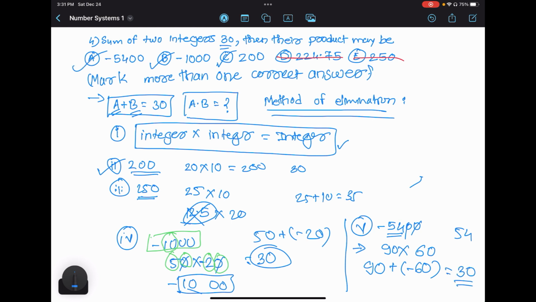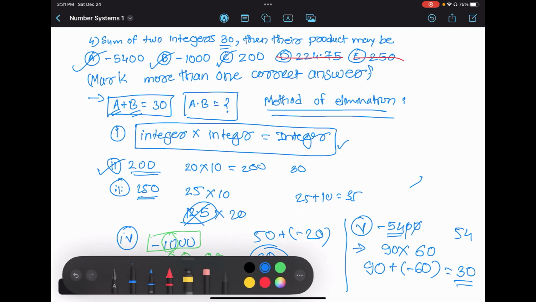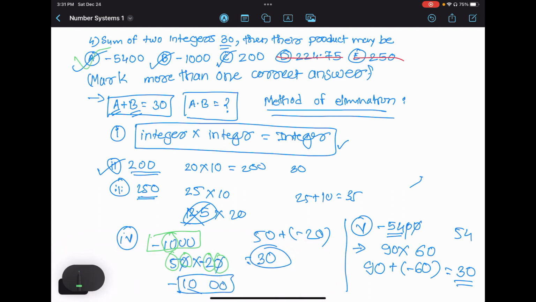So 5400 is again one of the answers. It will take more than 1 minute to solve questions like this, but this is the easiest approach to perform this calculation, and it's always recommended to perform these calculations at the end.